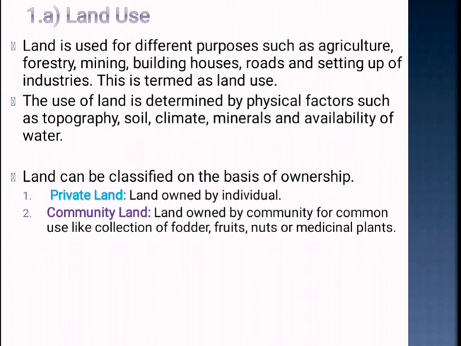It is not owned by any one single individual. It is owned by the government. That is public property. And we all have the same right over the public property or the forest. Such land is called community land.